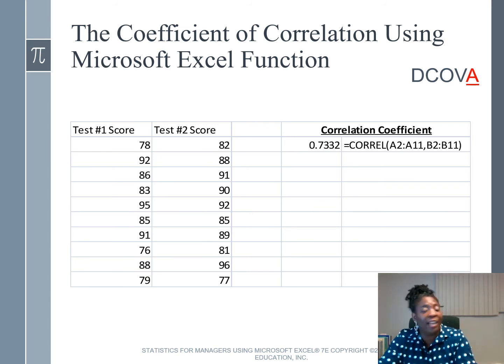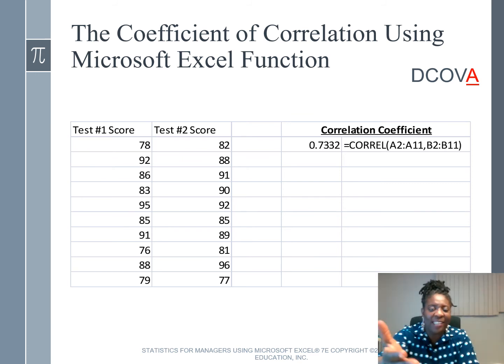It's a positive relationship. So when one goes up, the other one goes up. If the relationship persists, I can assume that those who scored high in test 2 will also score highly in test 3. But for the information that I have, takers of test 1 tend to score high in test 2, and it is a strong positive relationship.